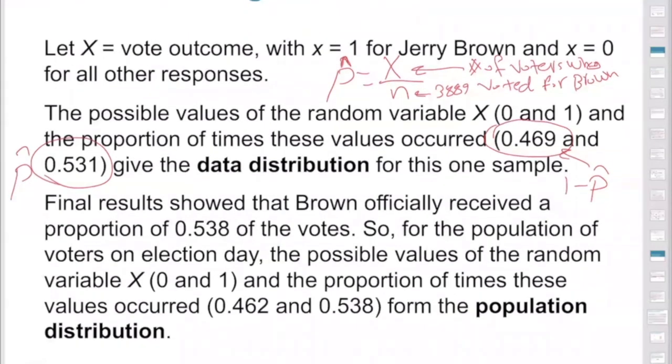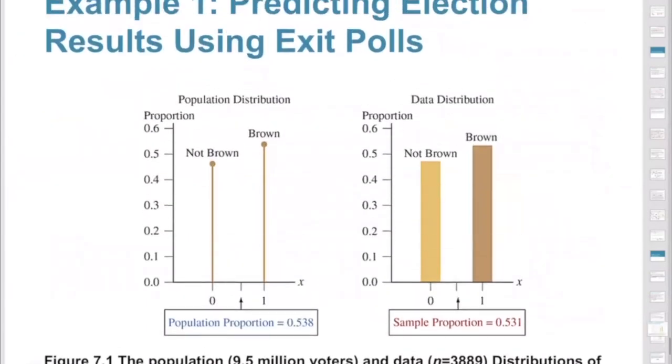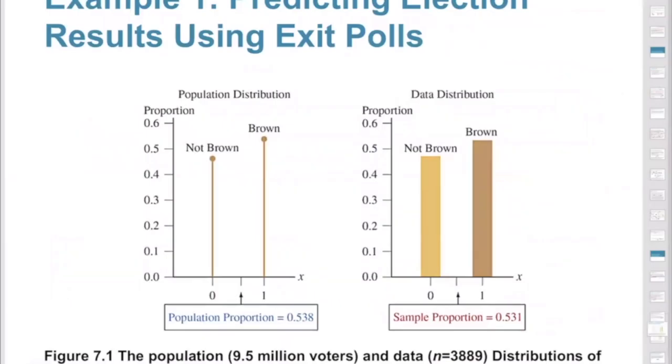For a while, ignore that we have a sample. From the population, we have 0.538 voted for Brown, and of course the remaining 0.462 went to the others. So look at the bar charts for the population distribution and the sample distribution.